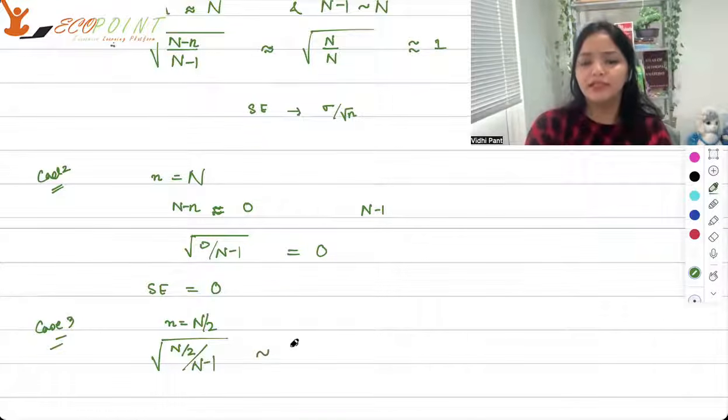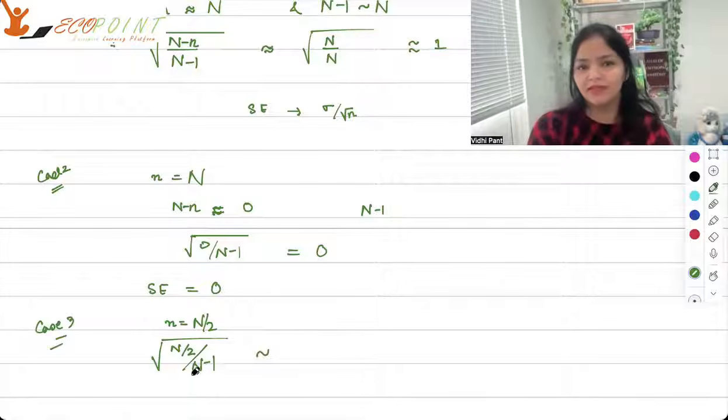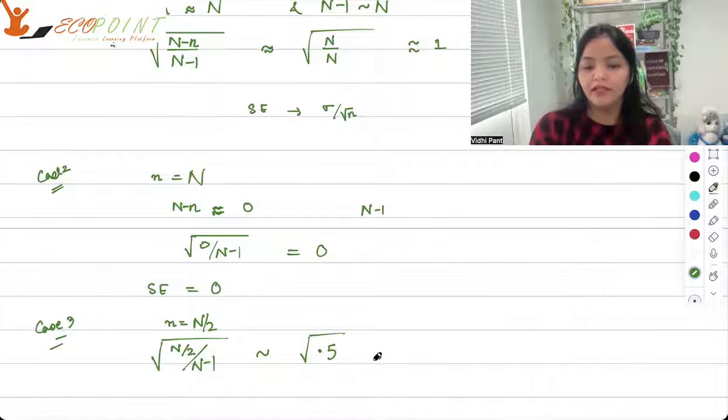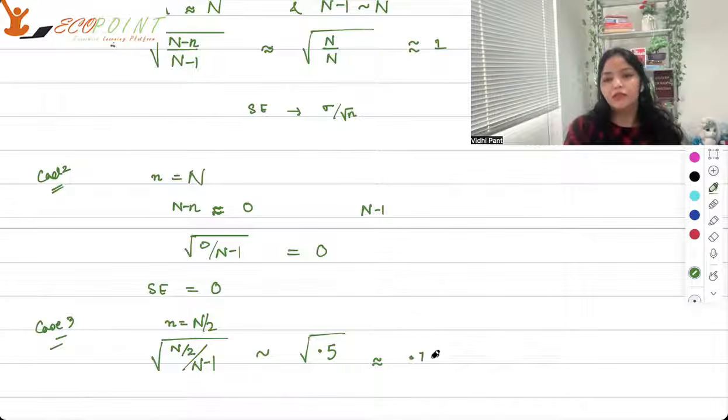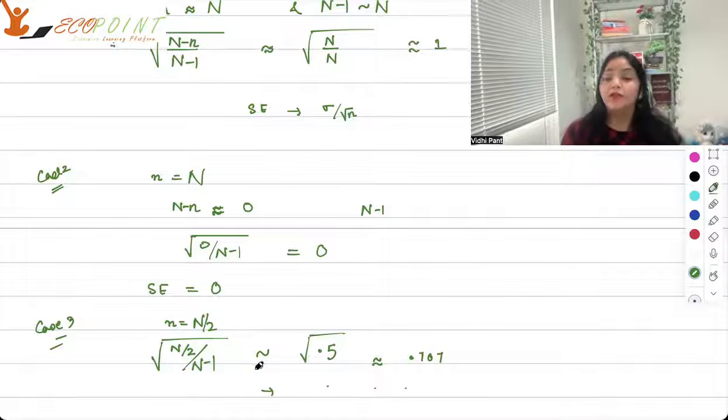Which you can say is almost, because N minus 1 is almost N, so isn't it almost 0.5? So square root of 0.5, right? Which is almost equal to 0.707. So what is it telling you?